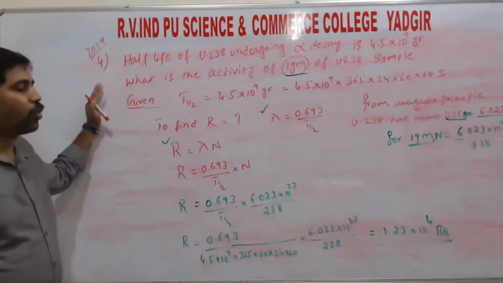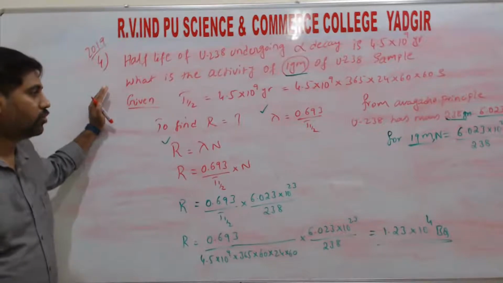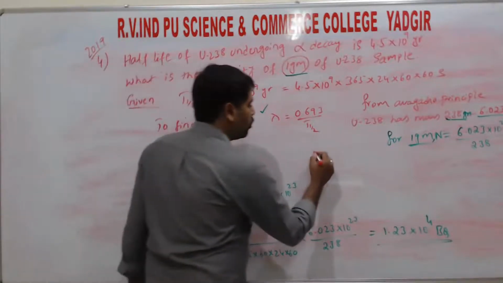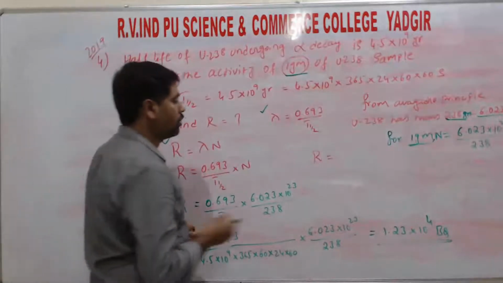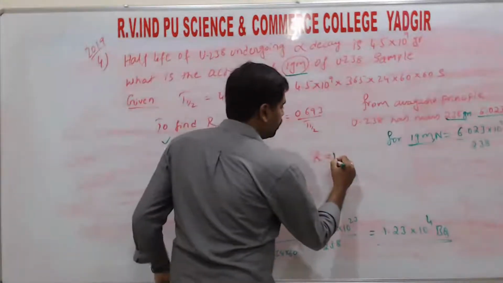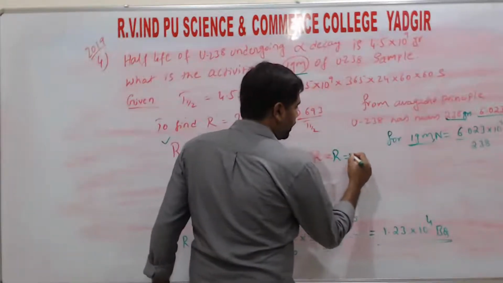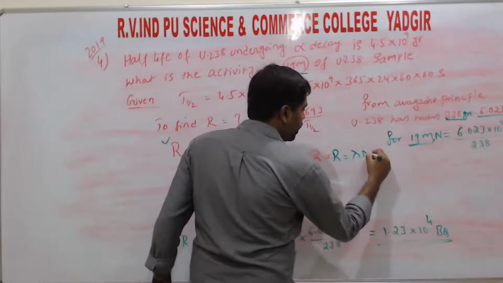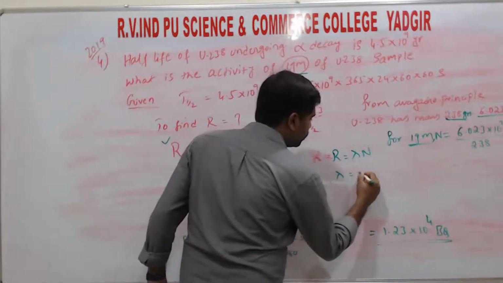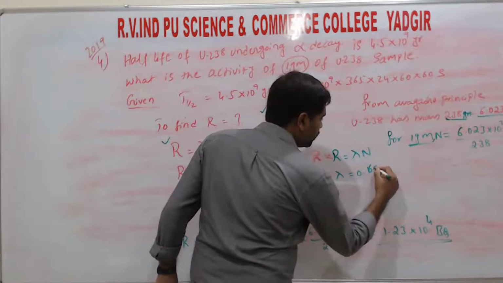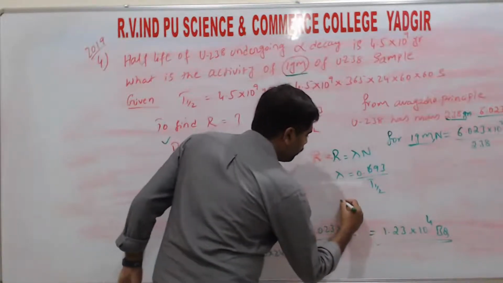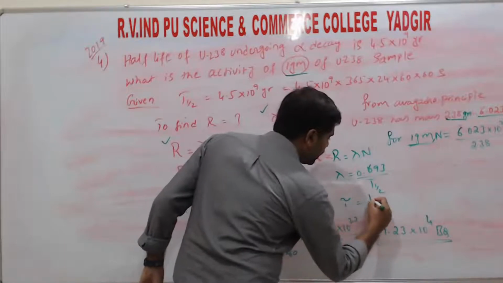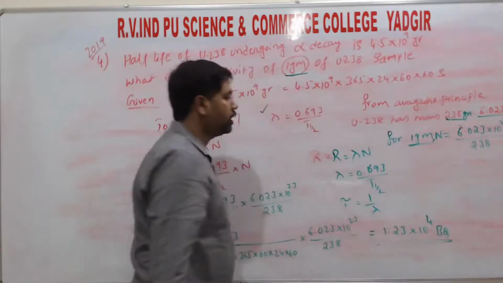So these are the problems in activity. We have only the formulas: in radioactivity we have R is equals to lambda N, and lambda is equals to 0.693 divided by T half, and one more main formula, that is tau is equals to 1 by lambda.